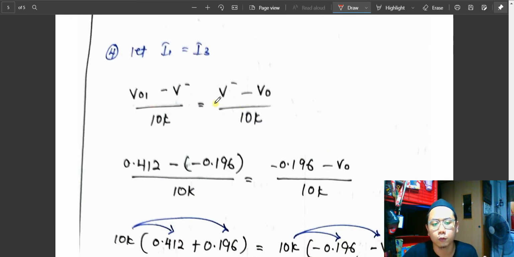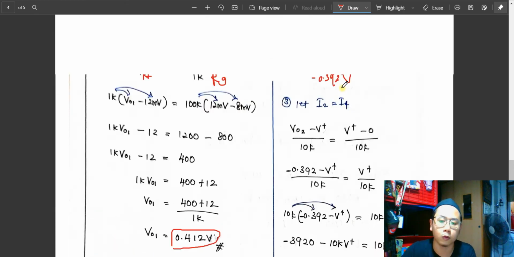At step 4, we need to let I1 equal I3. So let's see where I1 and I3 are.